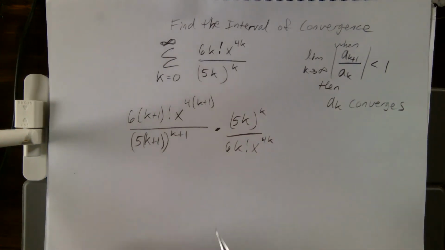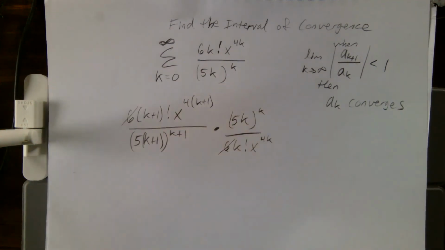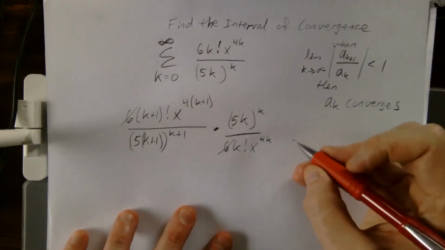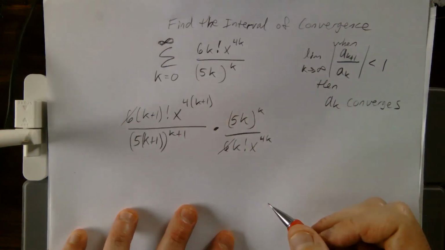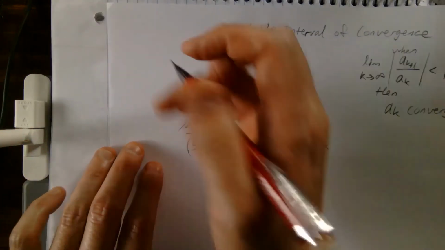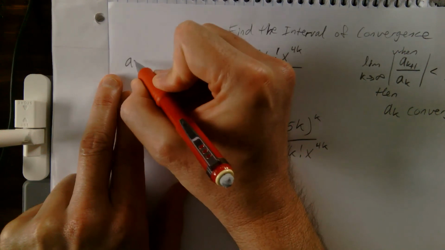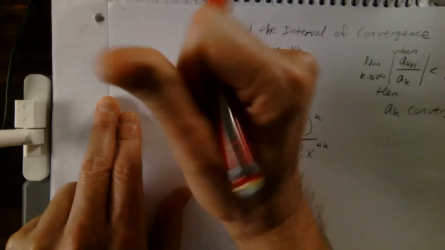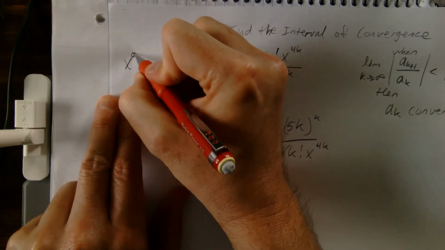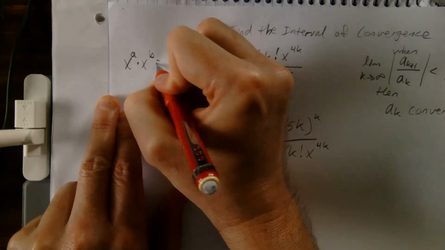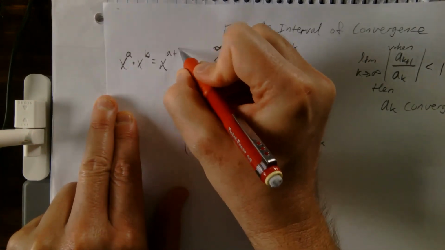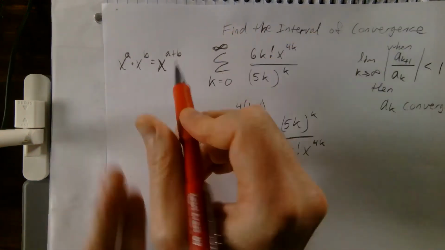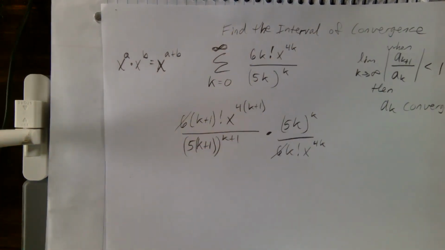And so now we have some things dividing into 1, turning into 1, 6 divided by 6, for instance. That's about it. So we need to break up using properties of exponents. Remember, x to the a times x to the b equals x to the a plus b, or you could split that back up the other way.